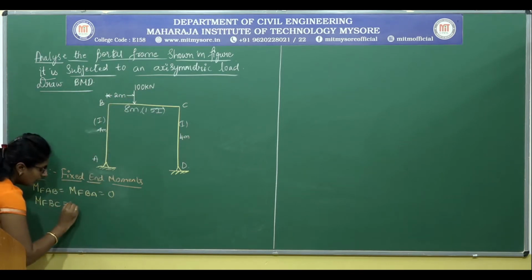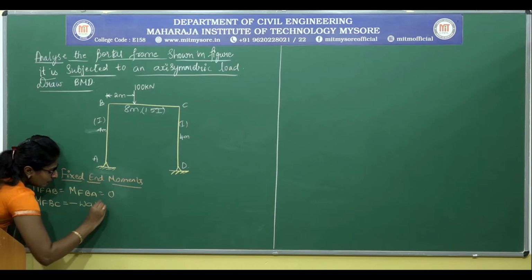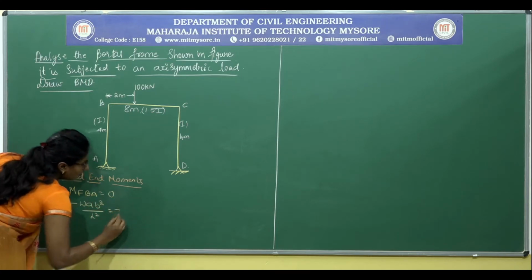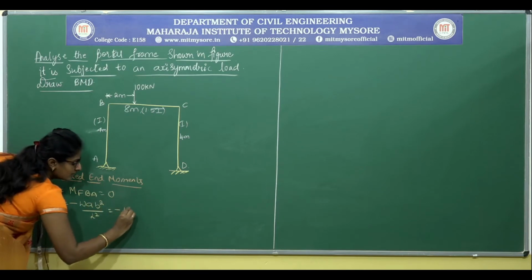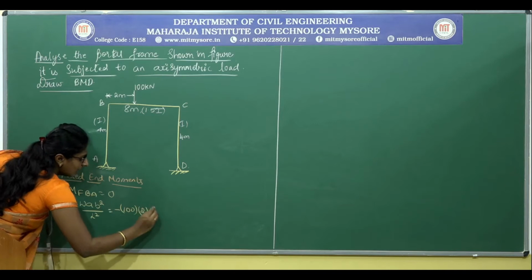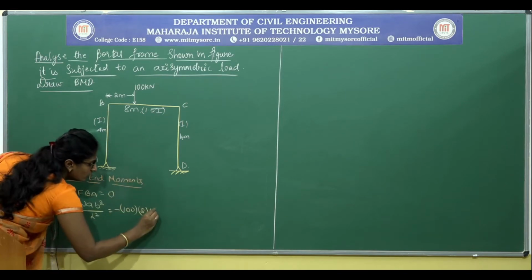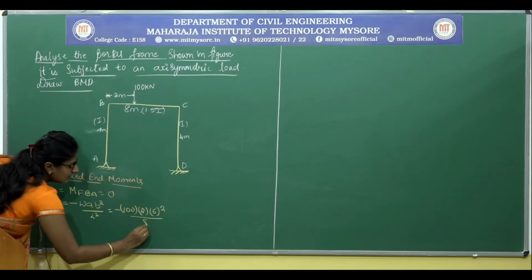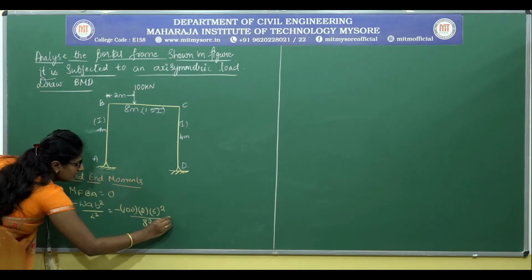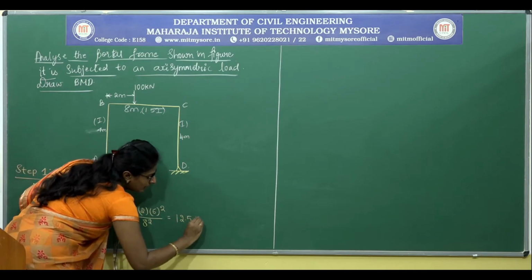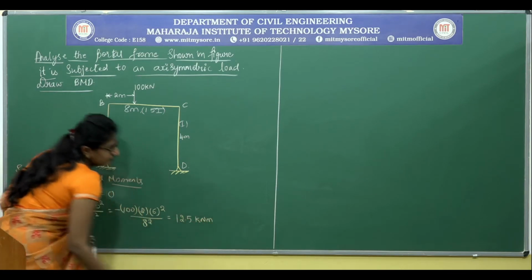So we have the formula minus WAB square by L square, that is equal to minus W is 100, A is 2 meters and B is 8 minus 2, equal to 6, divided by the length 8 meters squared. So this will give you plus 12.5 kilonewton meter.